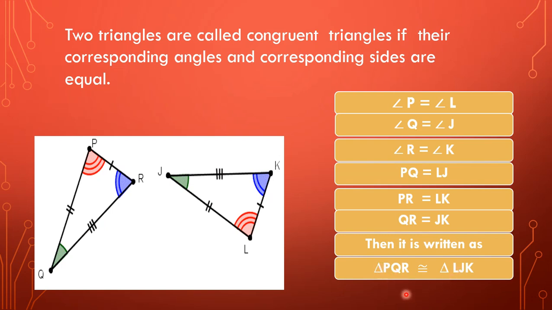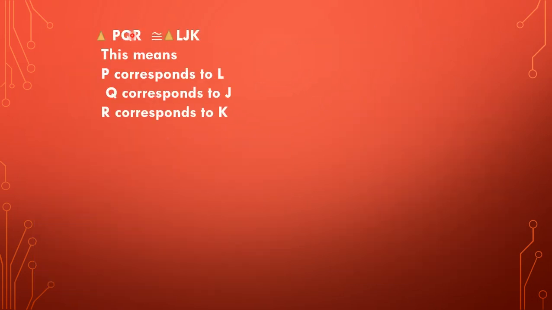That means P corresponds to L, Q corresponds to J, and R corresponds to K. According to this correspondence, we have to write the name of the congruent triangles. So triangle PQR is congruent to triangle LJK.